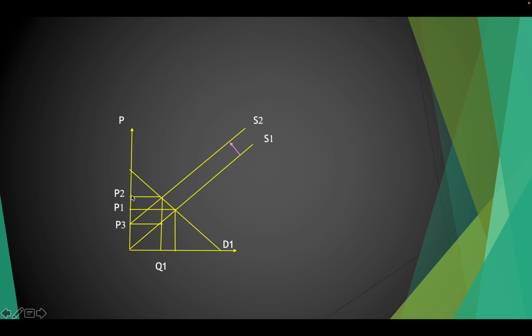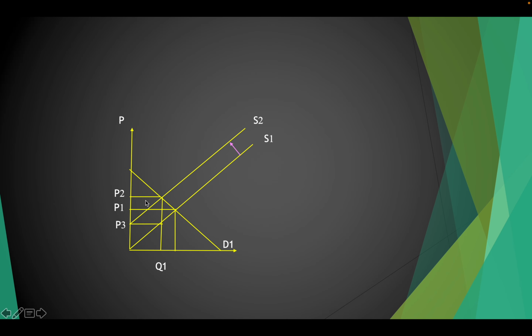After the tax, this area goes to the government. So it's not included in the consumer surplus or producer surplus. Then here we cannot take after Q1 because this is our new quantity. So after that we cannot take. That means we lost this triangle. So we call this area the deadweight loss.